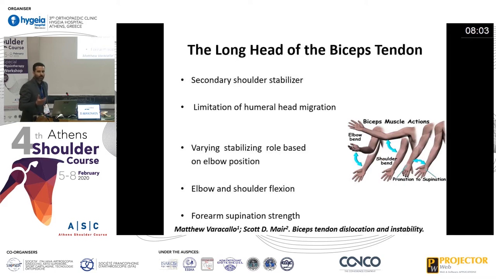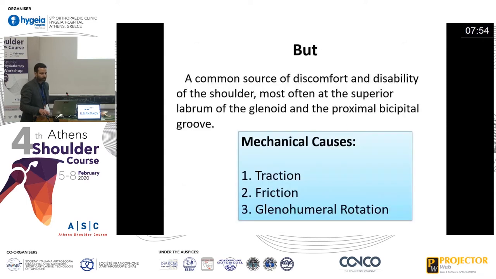It is the main supinator of the forearm, giving most of the forearm supination. But it's a common source of discomfort and disability, most often at the superior labrum of the glenoid and the proximal bicipital groove. This happens because of mechanical causes due to traction, friction, and glenohumeral rotation.